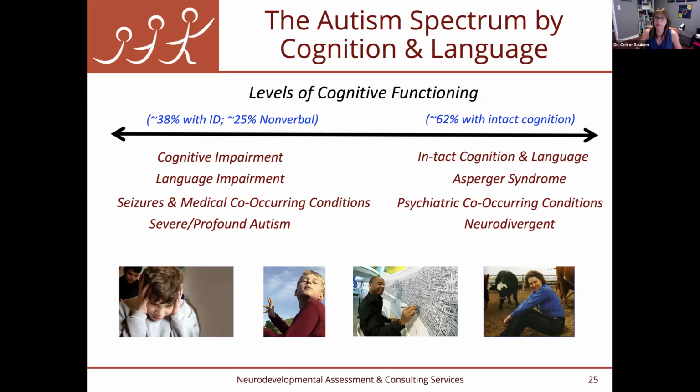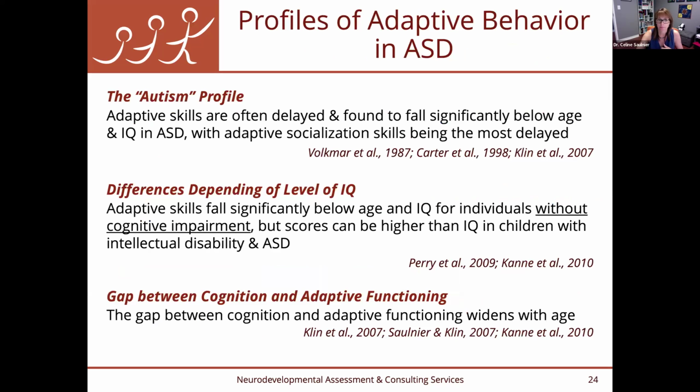Yet on the flip side, in the individuals with intact language and cognition, those individuals may have more insight and awareness into their challenges, which means they're more prone to anxiety and depression because they're more at risk for fixating and ruminating on their failed experiences.